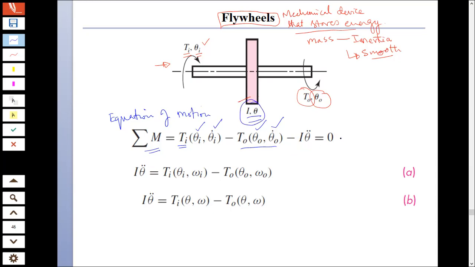And that should be equal to 0. So the sum of all of these should be equal to 0.